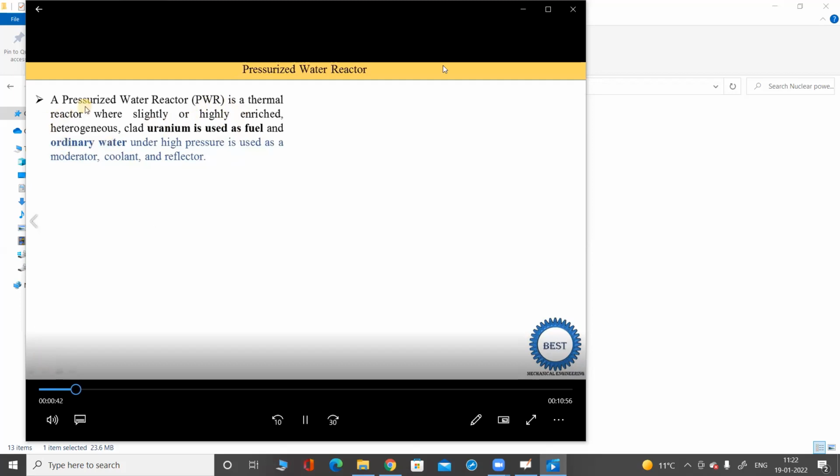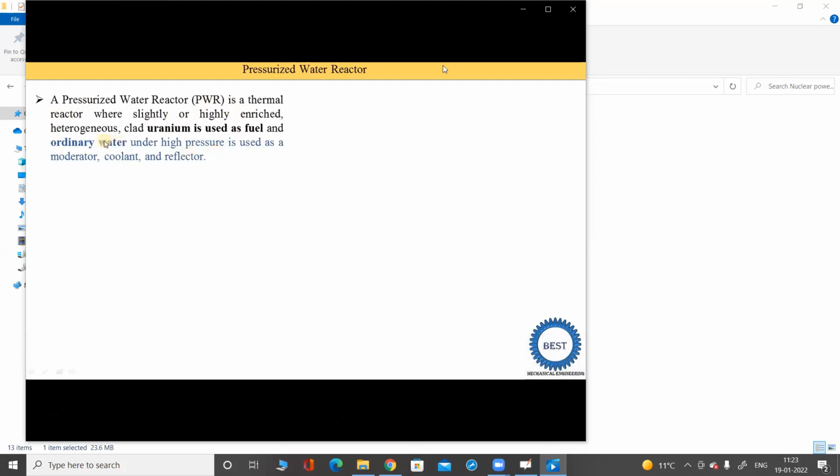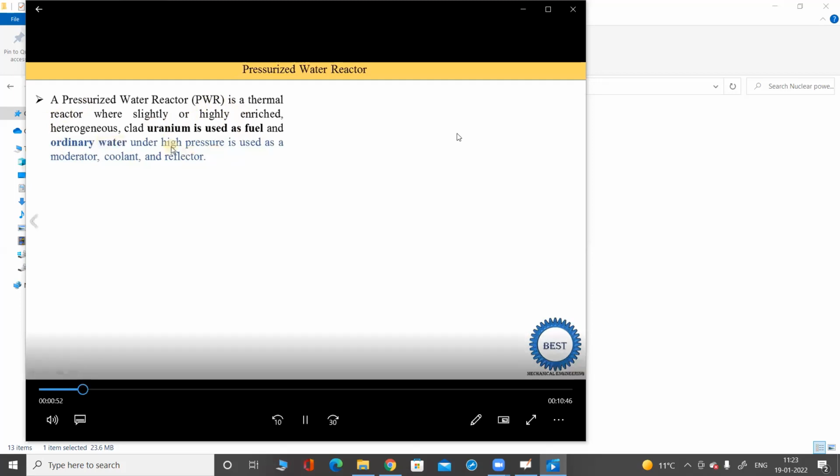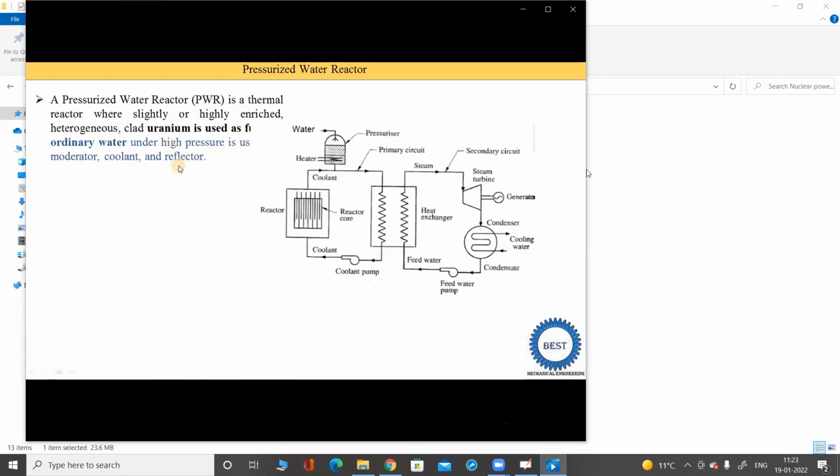It is called heterogeneous reactors. Okay, and this uranium is clad uranium. Okay, and ordinary water under high pressure is used as a moderator, coolant and reflector. Means ordinary water is used for moderators, coolant as well as for the reflectors.